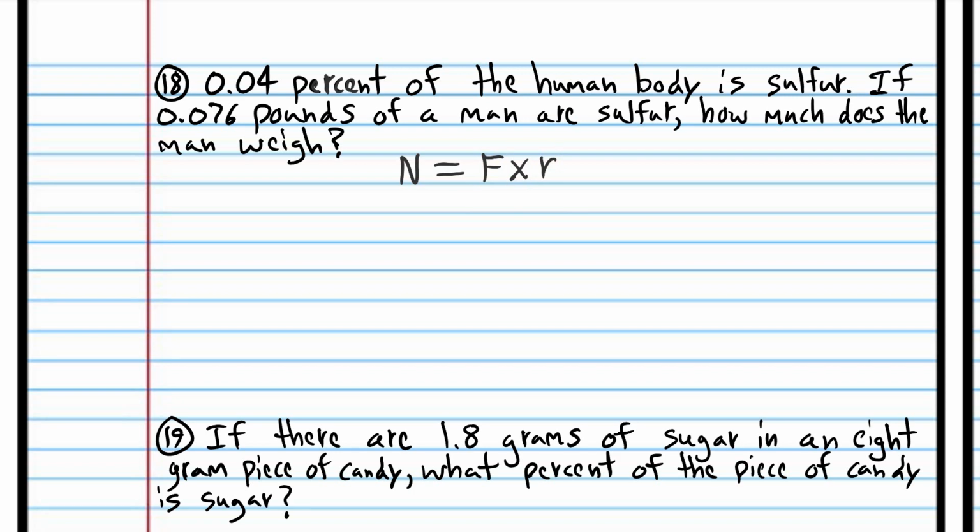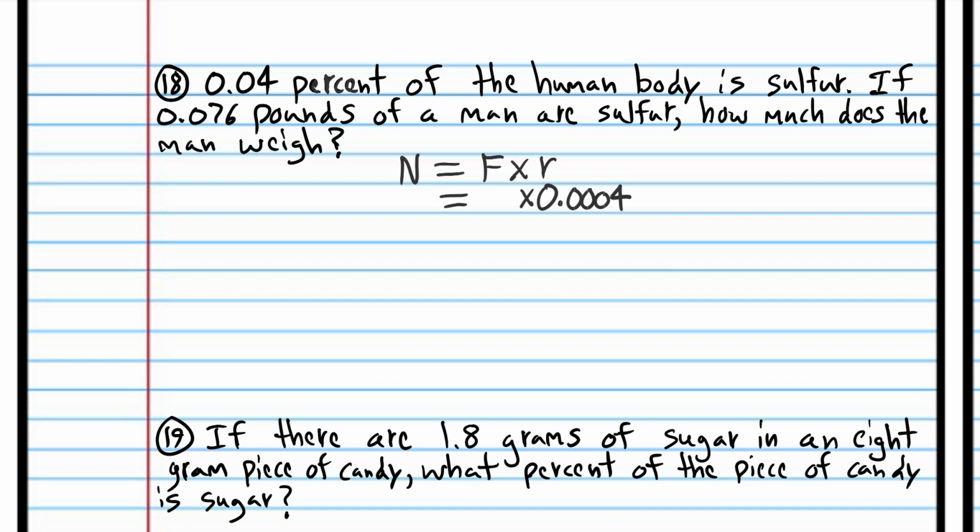In this problem, it's different. They're giving you the new number. They're saying, let's read the problem. 0.04% of the human body is sulfur. So we know we have the percent. We just have to write it as a decimal. And it says 0.04% of the human body is sulfur.